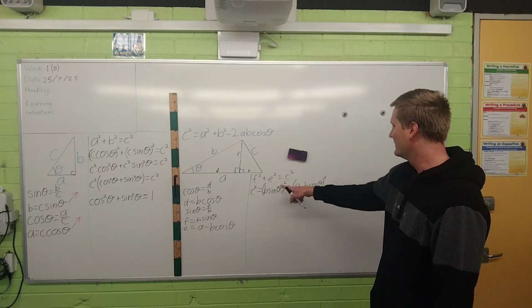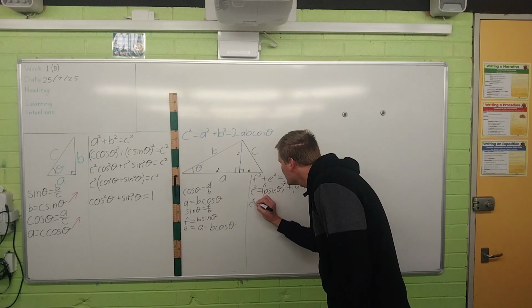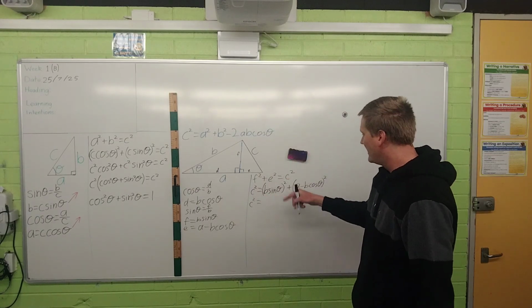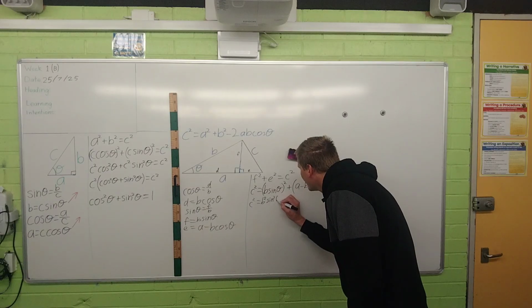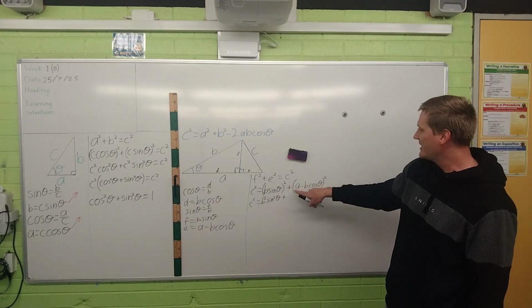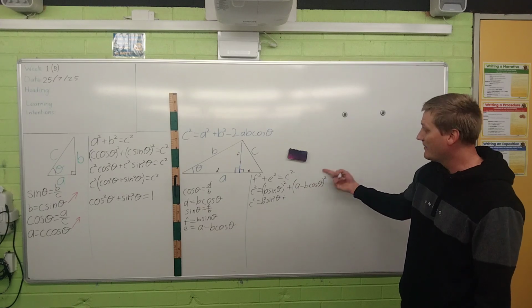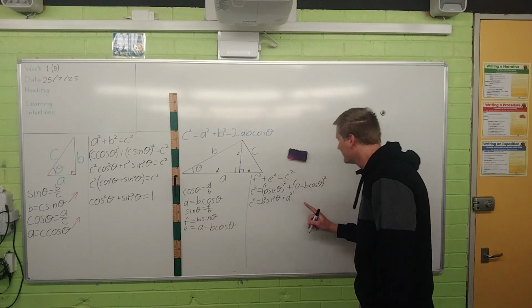So to do that, we'll first start with doing these squares. So we have C squared equals B squared sine squared theta plus, okay, this one has a minus sign, so we need to multiply both these terms by both these terms. So A times A is A squared.